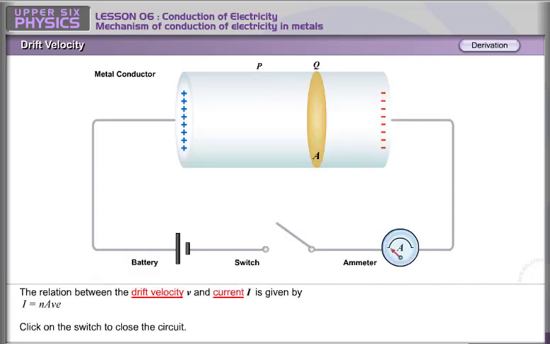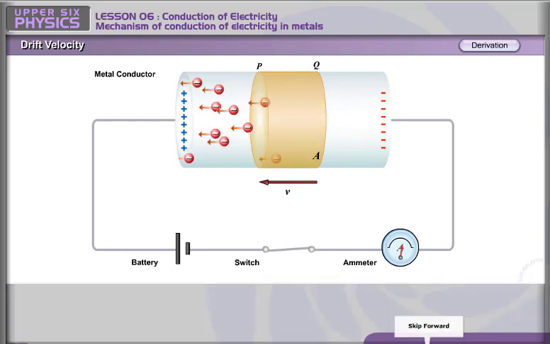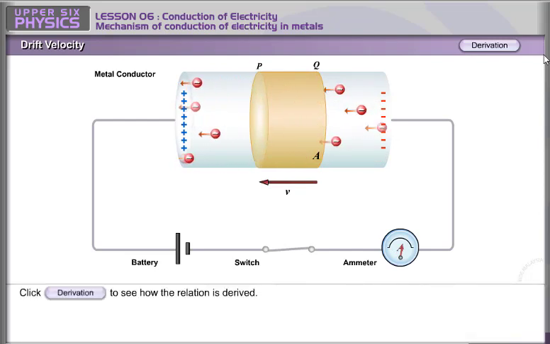The relation between the drift velocity v and the current I is given by I equals nAve. Click on the switch to close the circuit. Click the derivation button to see how the relation is derived.